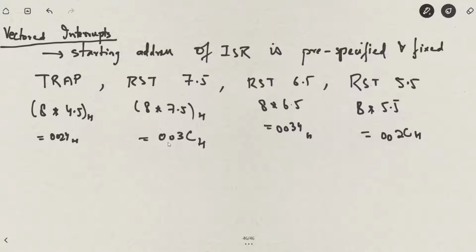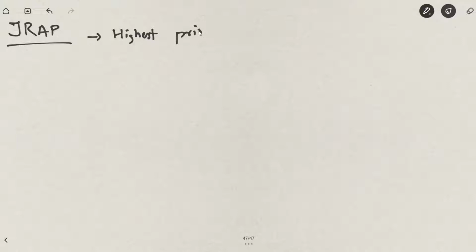Now talking about the trap interrupt. It is a vectored interrupt, and it has the highest priority. As I said to you, it is the highest priority interrupt.